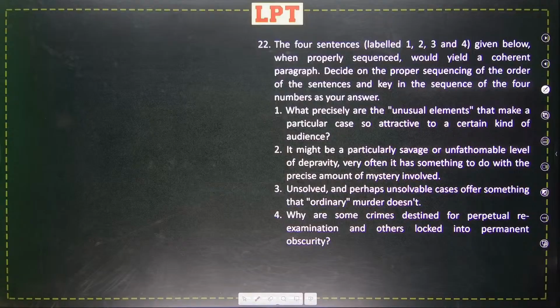You have a parajumble question, guys. So with 4 sentences, try to solve it, and after 2 minutes we will try to look at the approach to answer this question.